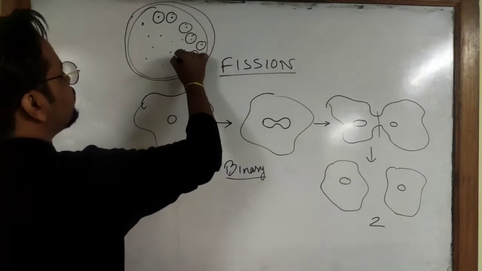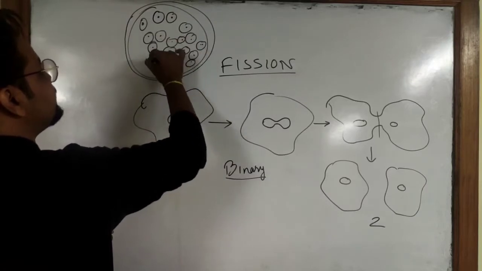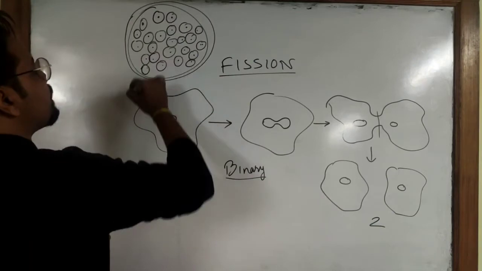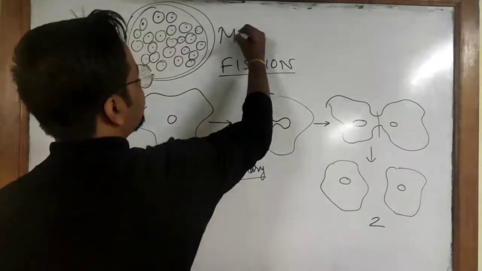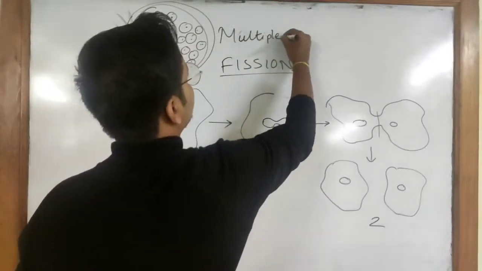So as a result we get multiple cells simultaneously produced inside a single cell. So this is called a multiple fission. The earlier one was binary, this is called multiple fission.